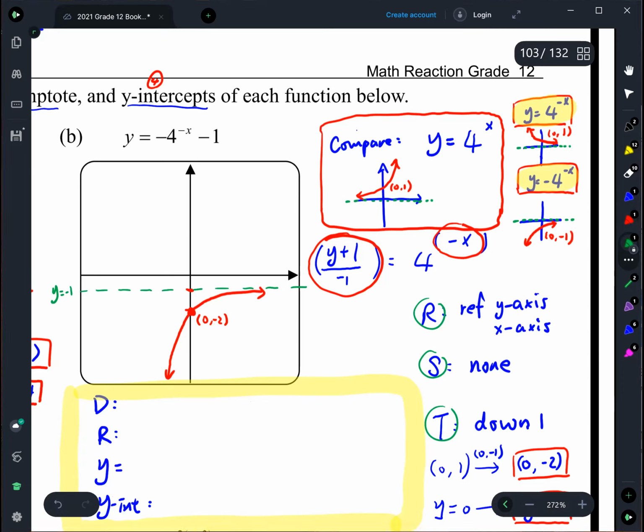Asymptote, we already have it, right? The asymptote is y equals -1. Domain, range, y-intercept.